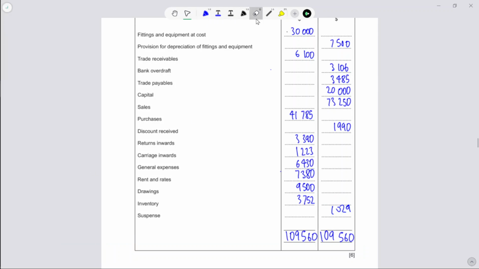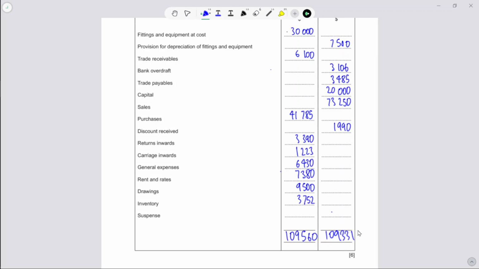Oops, sorry, I think I calculated wrong. So for the right hand side, the total will be 109331.